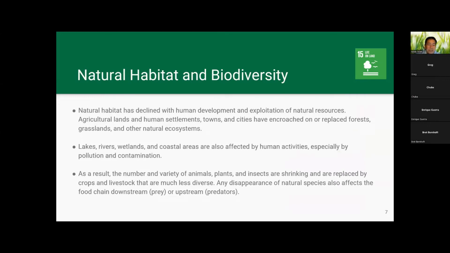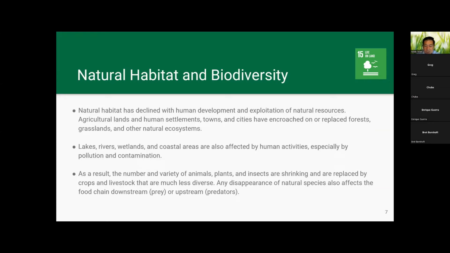Natural habitat has declined with human development and exploitation of natural resources. Agricultural lands, human settlements, towns, and cities have encroached on or replaced forests, grasslands, and other natural ecosystems. Lakes, rivers, wetlands, and coastal areas are all affected by human activities, especially by pollution and contamination.